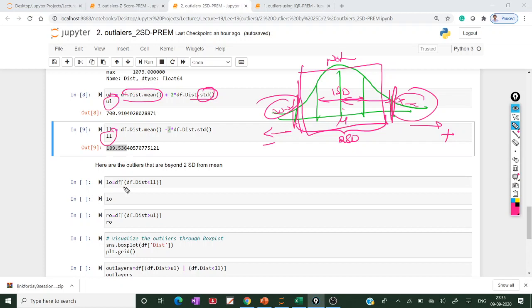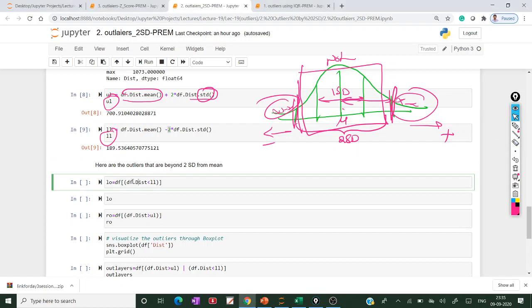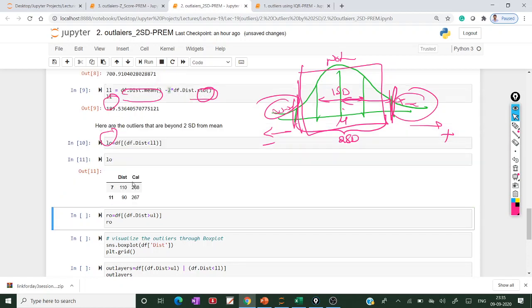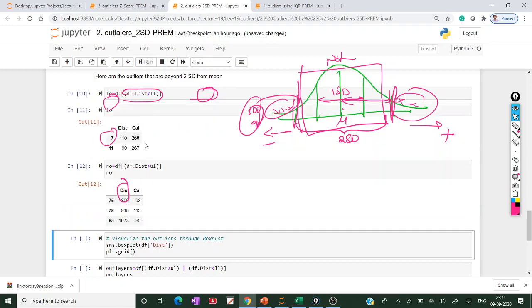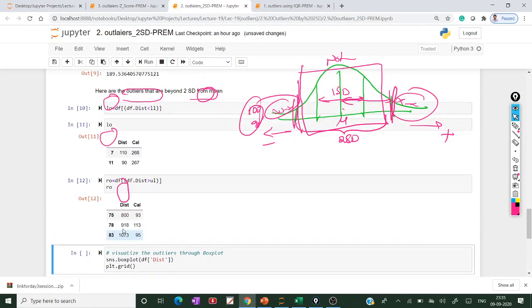If you see, what are the outliers? 100 and 90. These are the outliers that exist here, 100 and 90. Here the outliers are 800, 918 and 1073.